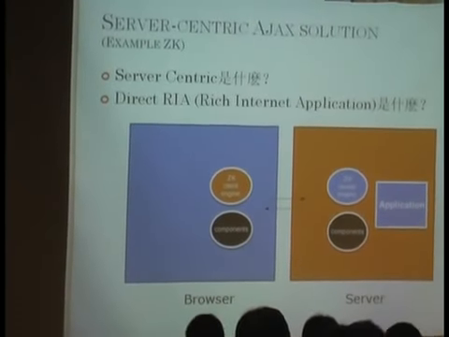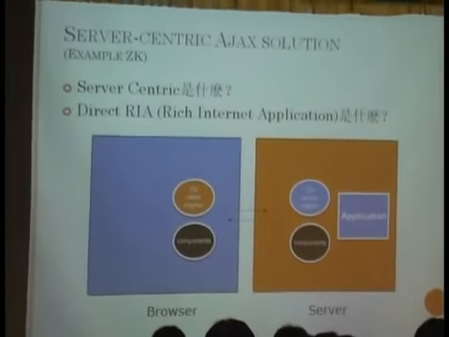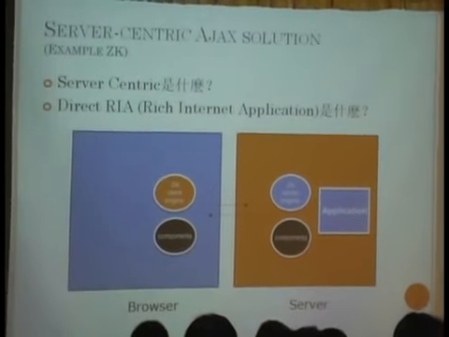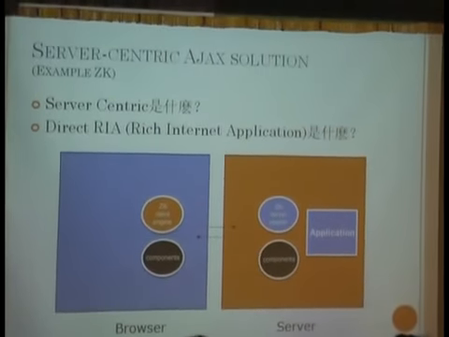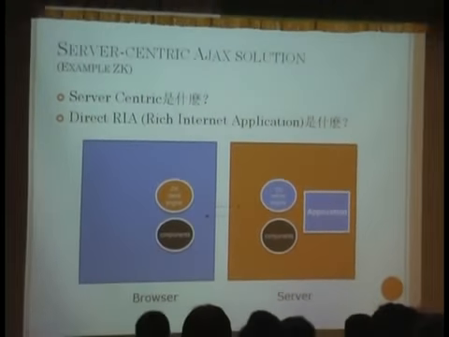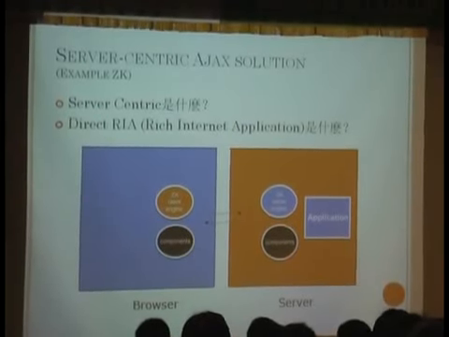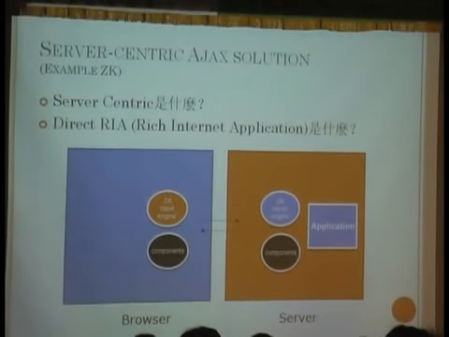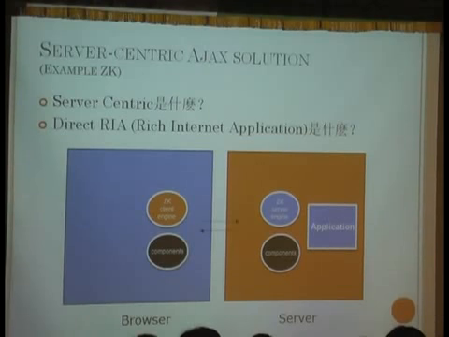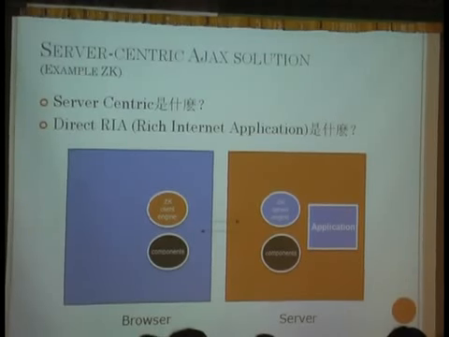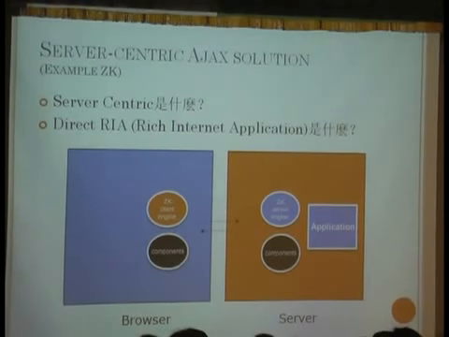Okay, let's introduce a bit about server-centric Ajax solutions. So, server-centric 是什么? Server-centric, well, basically the development is all done at the server side. For this example, 我用 ZK. Did I mention I'm from ZK? Look. We use the direct RIA architecture. So, direct RIA 是什么?